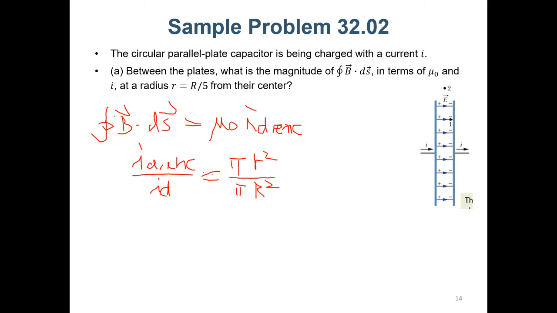So this is ID. ID should be something like J times pi capital R square. And this one, ID enclosed, should be J times pi small r square. And J and J can be cancelled, so it turns out to be r square over capital R square.